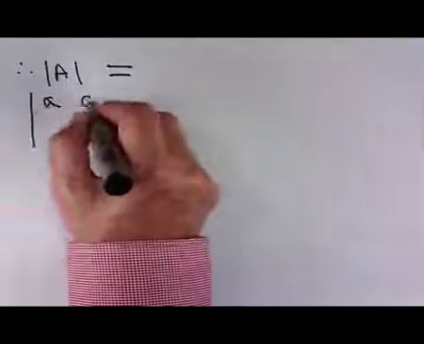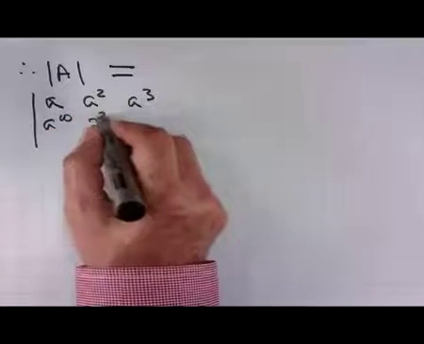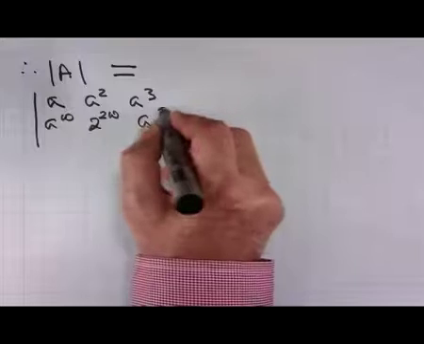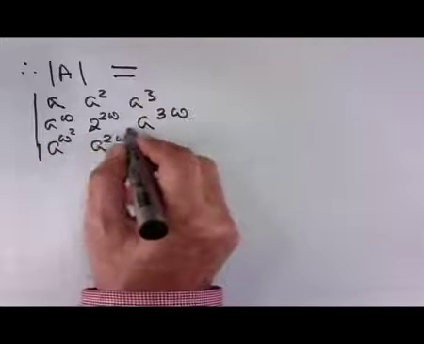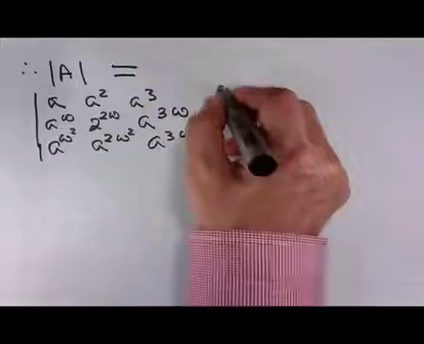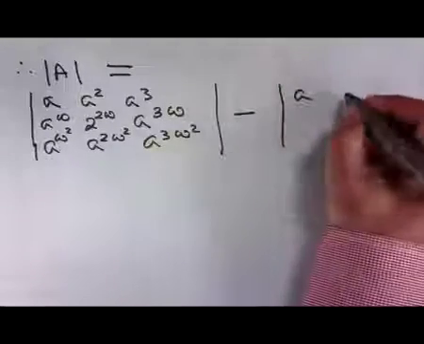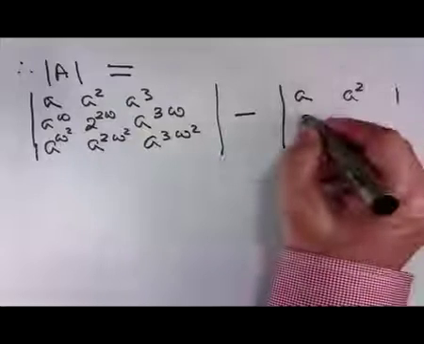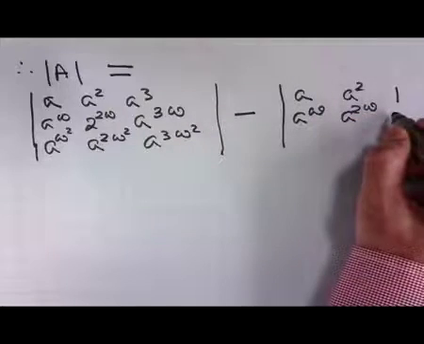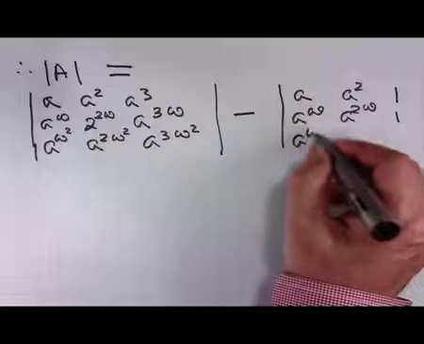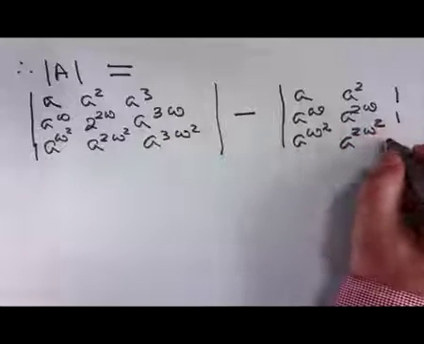the determinant of A, A square, A cube; A to the power omega, A to the power 2 omega, A to the power 3 omega; and A to the power omega square, A to the power 2 omega square, A to the power 3 omega square, minus the determinant of A, A square, 1; A to the power omega, A to the power 2 omega, 1; A to the power omega square, A to the power 2 omega square, and 1.